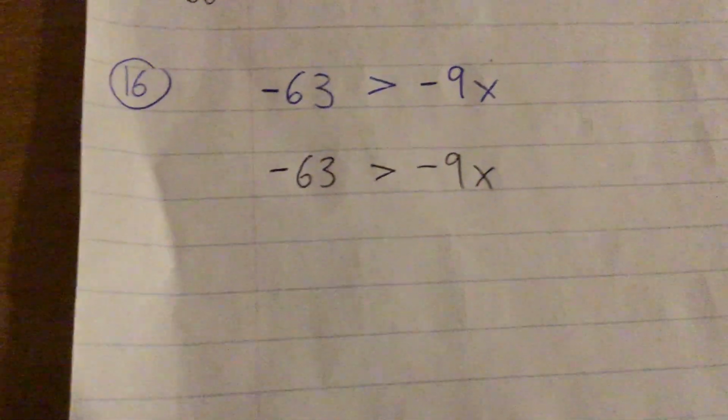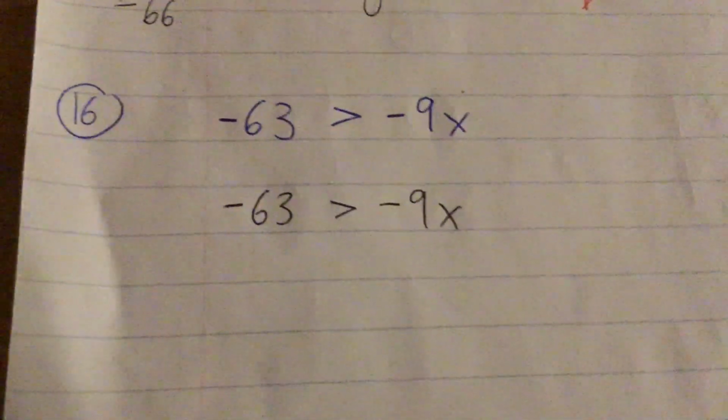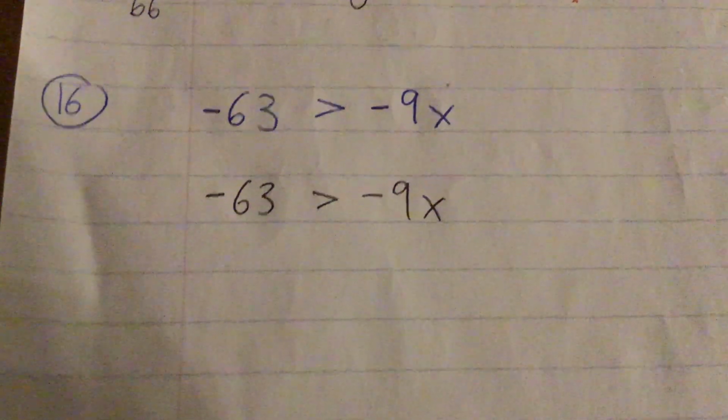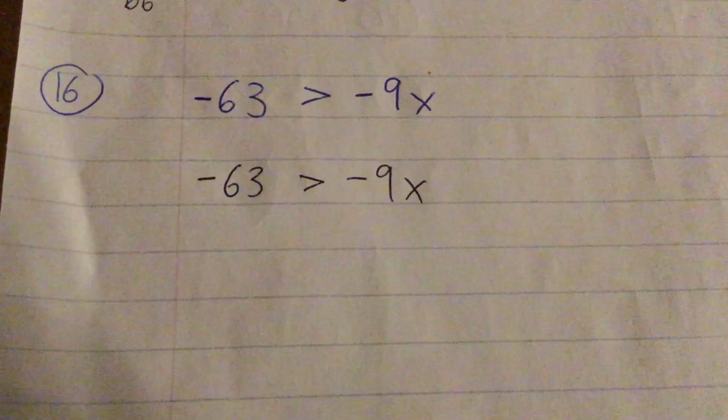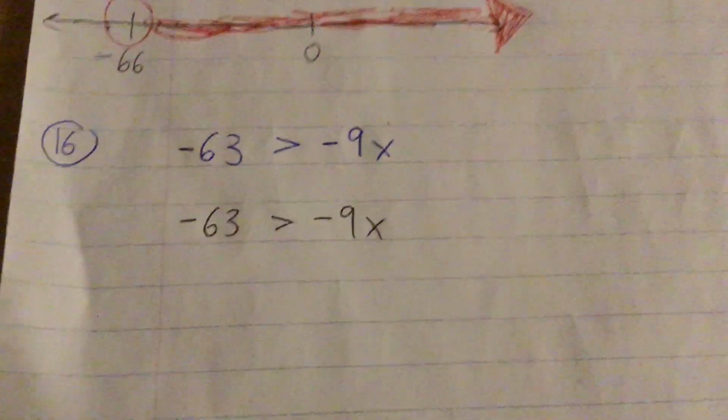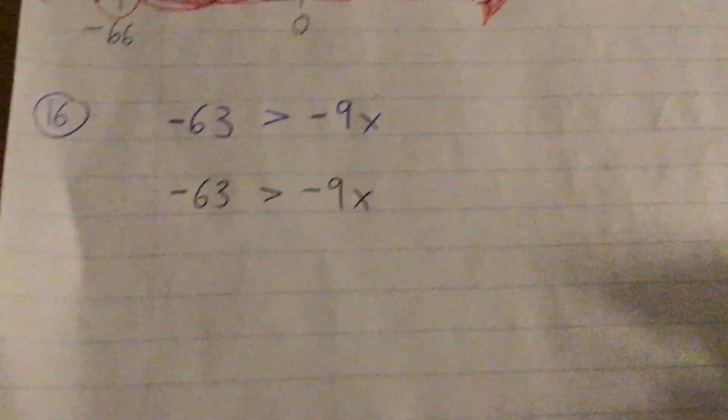Negative 63 is greater than negative 9x. If this was an equal sign, what would I need to do to solve for x? I'm going to divide both sides of the inequality by negative 9. Cancels out. I get 7.